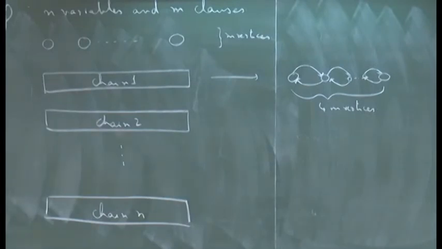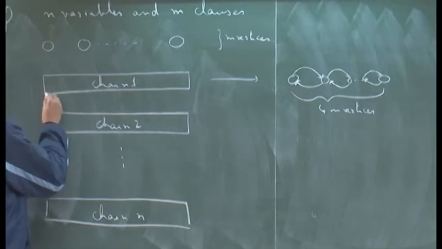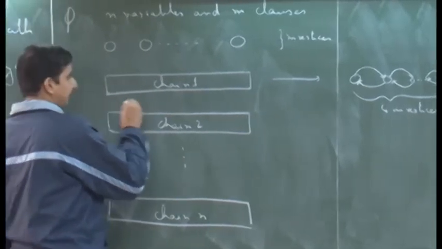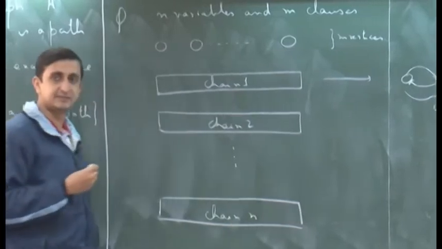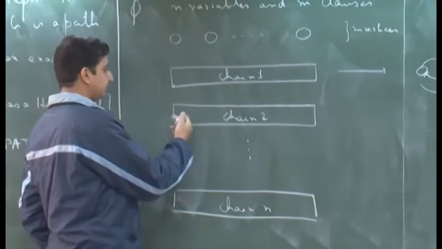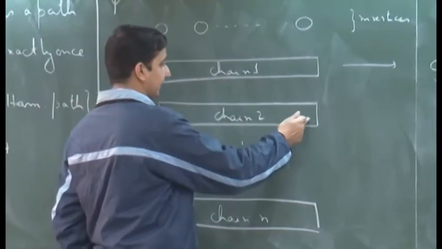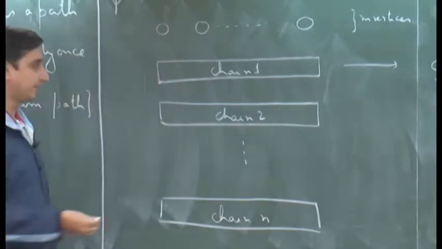Okay. Is it clear so far? Now, how do I connect these chains? What I do is that from the first and the last vertex of each chain, I connect to the first and the last vertex of the next chain. Okay.